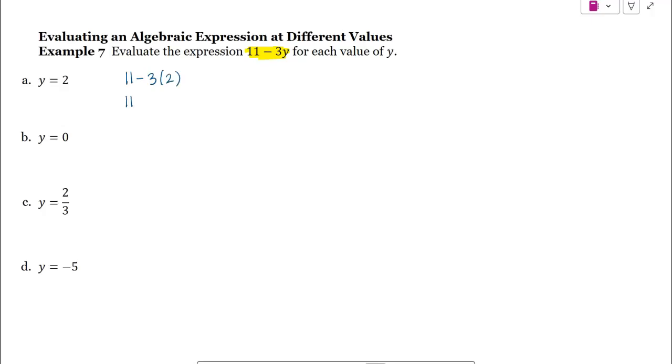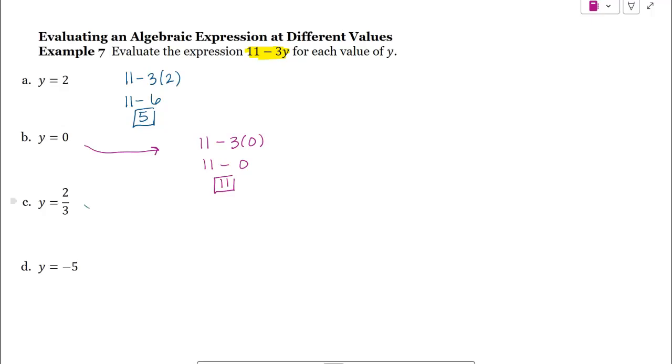11 minus 6 is 5. For example B, we'll have 11 minus 3. We'll substitute 0 in for y, which is 11 minus 0, or just 11.